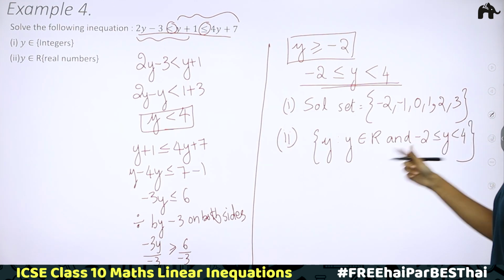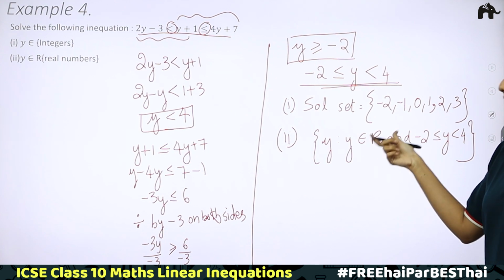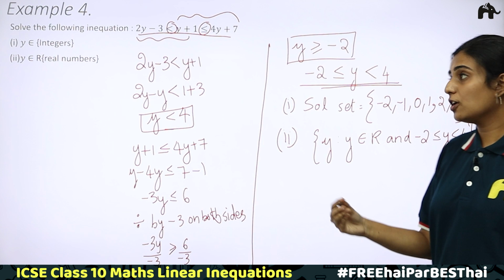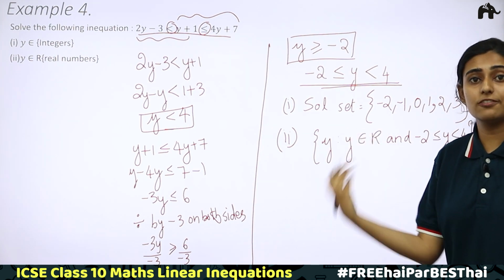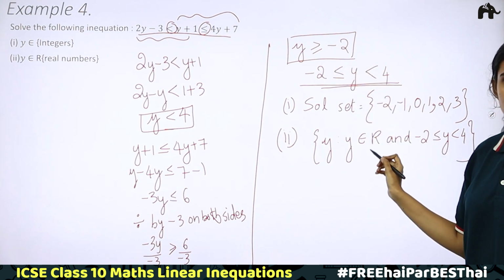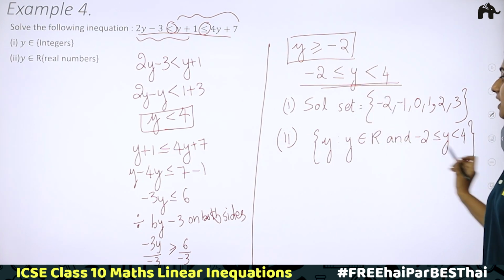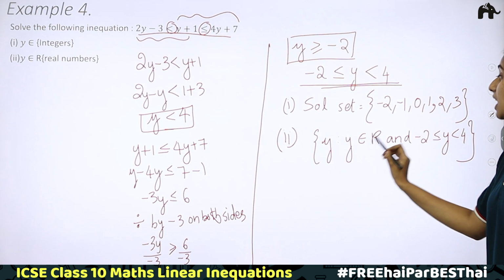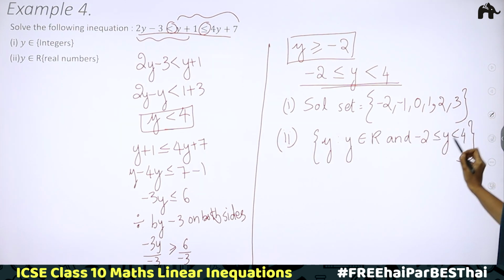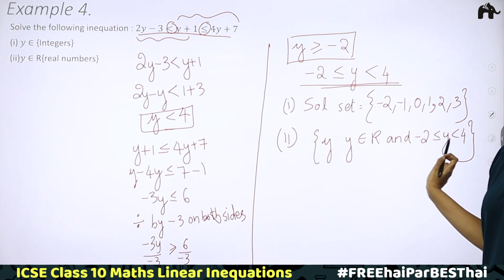This is how we represent the solution set when y belongs to real numbers, because we cannot include all the decimals and fractions and write a solution set as we did for the first case. Okay?